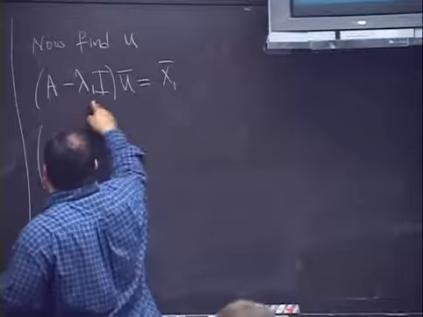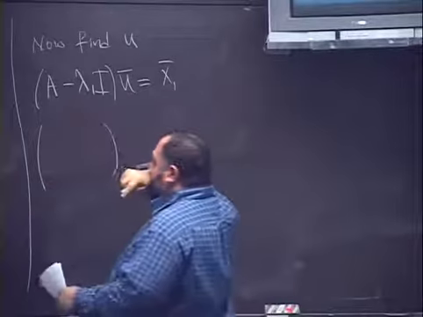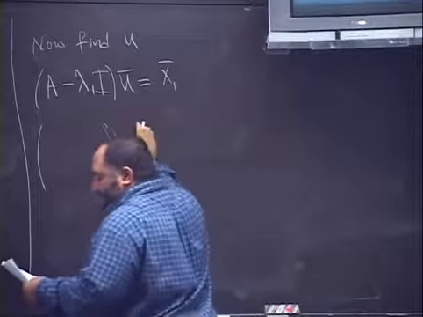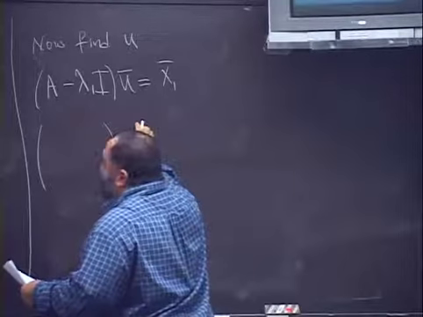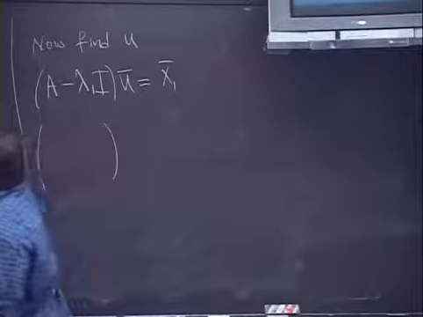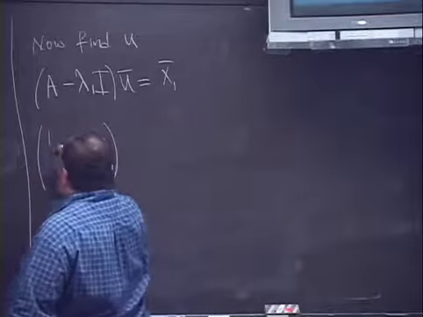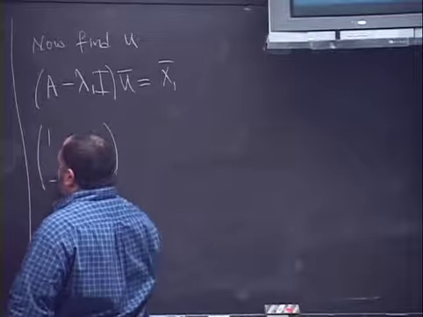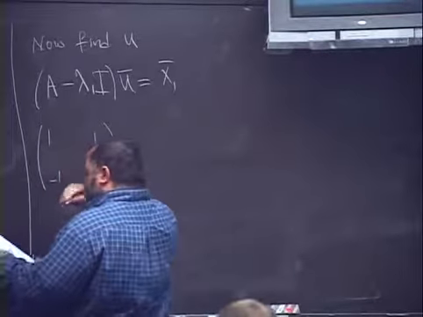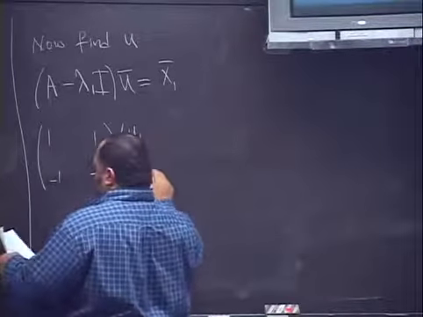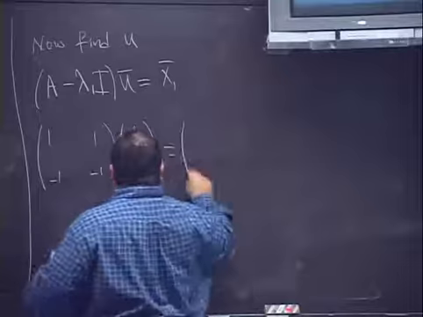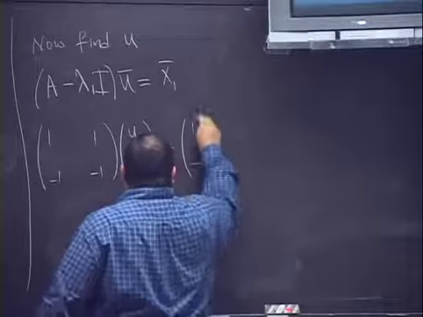And what's this value here? A minus lambda 1 I. So 4 minus 3 is what? 1, 1, minus 1, and this is what? Minus 1. Times u1, u2 equal to 1 and minus 1.